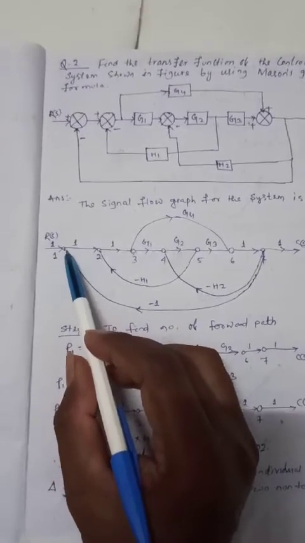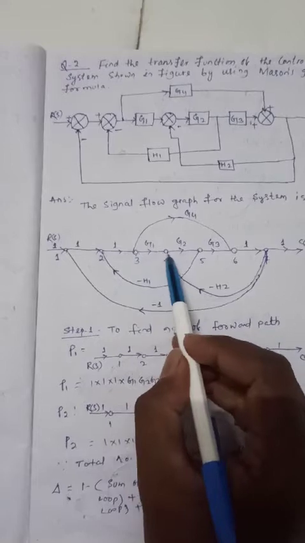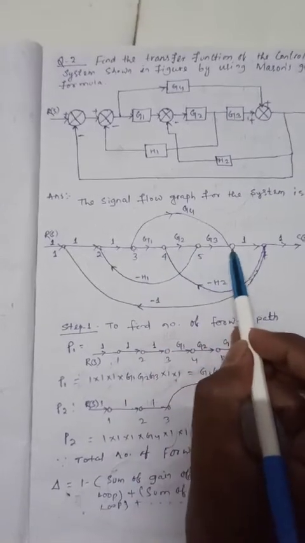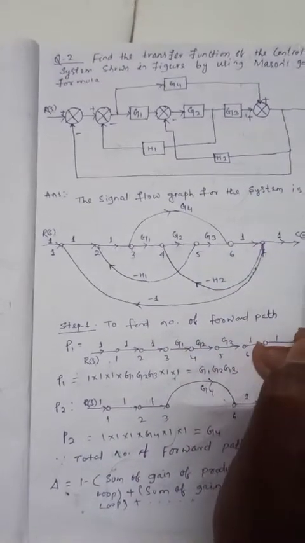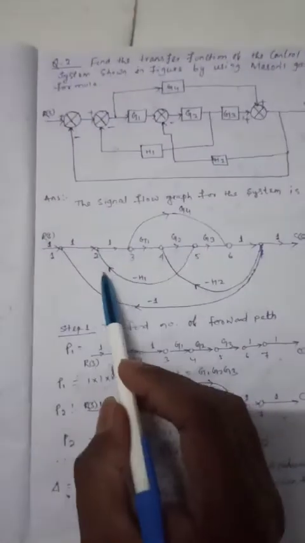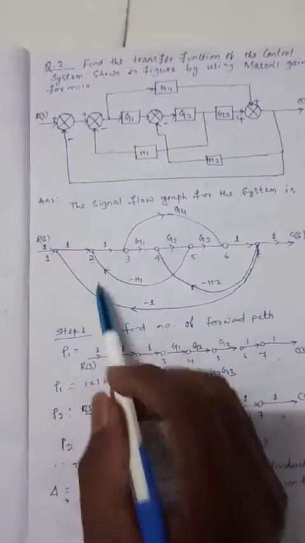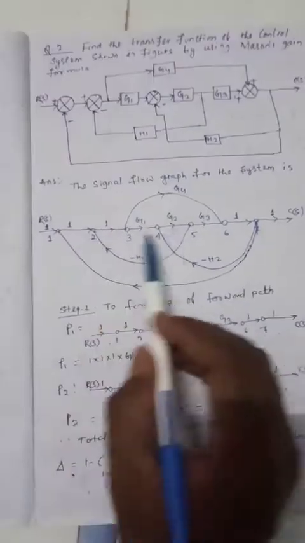First we have to mark the 7 node points, 1 to 7, and the output. First of all we construct these node points. We have done it.